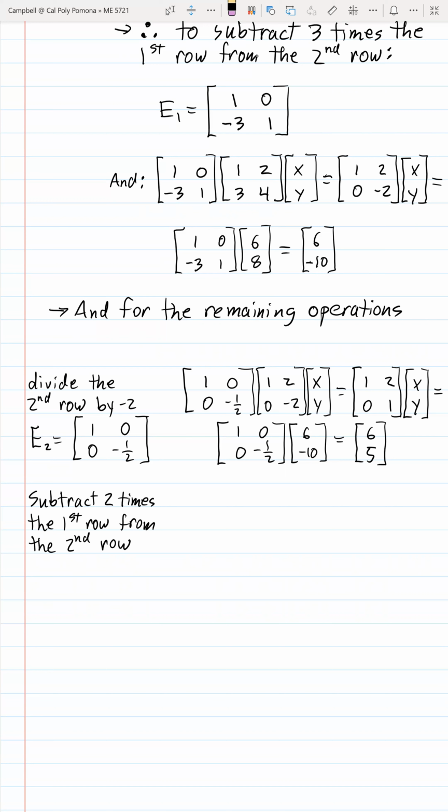And so when we do that, we have E3 is equal to 1, -2, 0, 1. So that will produce that particular effect. Let's see how that works. Now, again, this is us running to what would effectively be called reduced row echelon form. So multiplying by that, but you'll see very shortly why I'm interested in doing that.